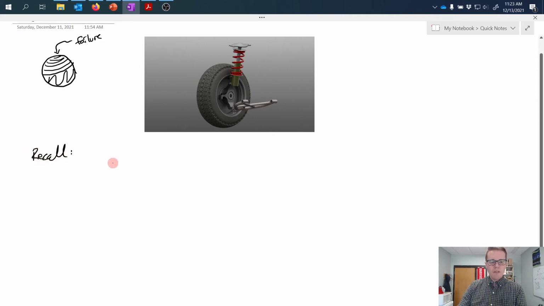that if I take a cross section within some random part, I can have a variety of loads associated with that. So I might have an axial load, I might have a shear load, I might have a moment, a bending moment, and I may have a torque.